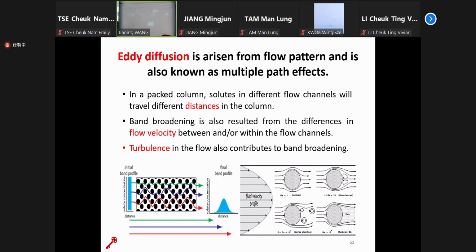If they have little variation in shape, they should have similar turbulent behavior. And if we pack them more tightly, maybe we can reduce the path length distribution.